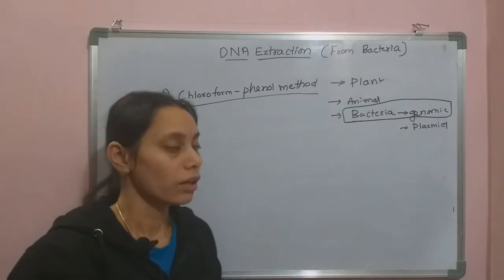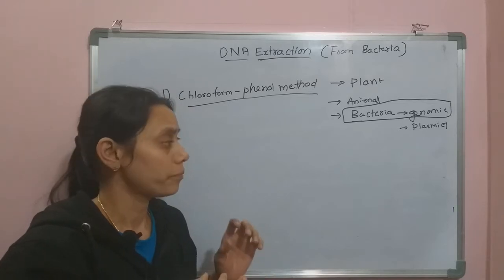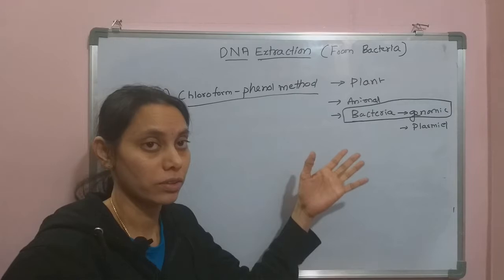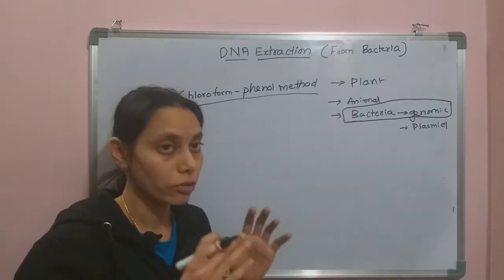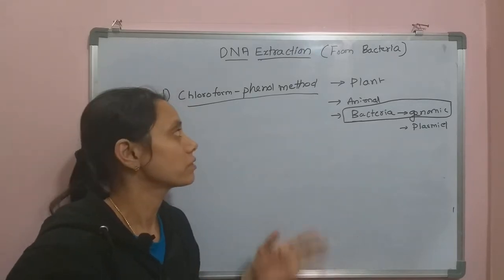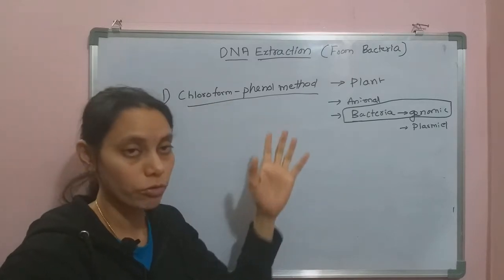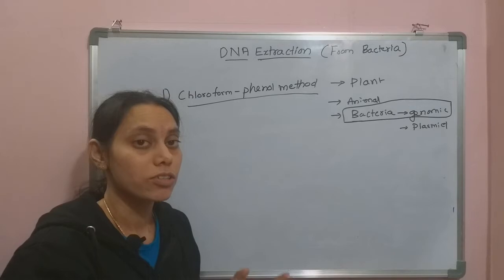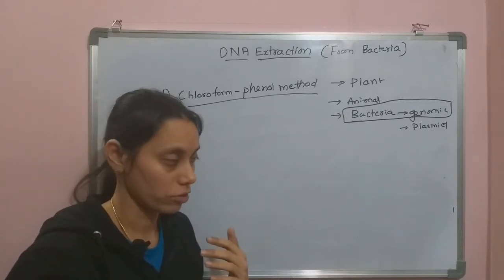The principle will be the same for all extraction methods, from plant or maybe from animal. For all of these, the principle is to use chloroform phenol, but based on their structural complexities, the methodology will be different.